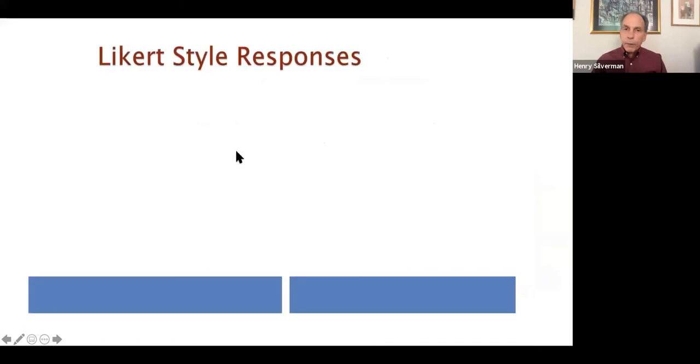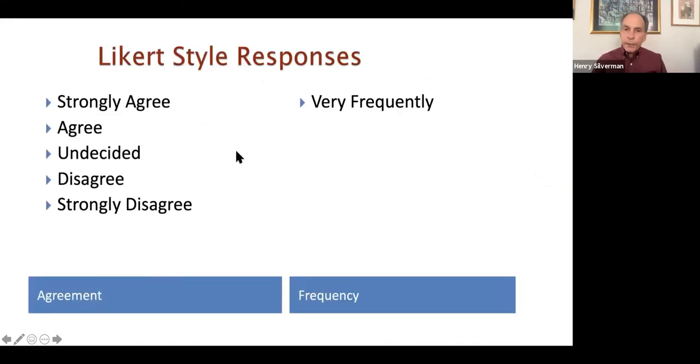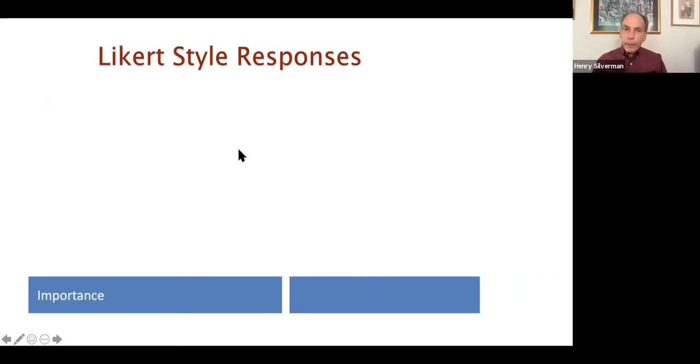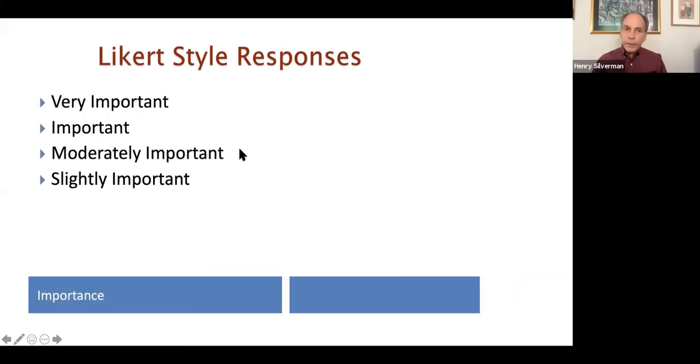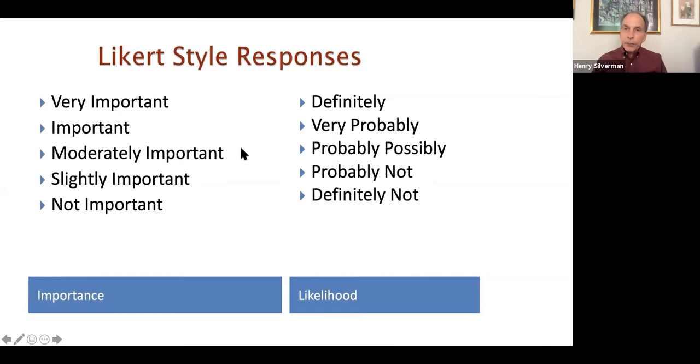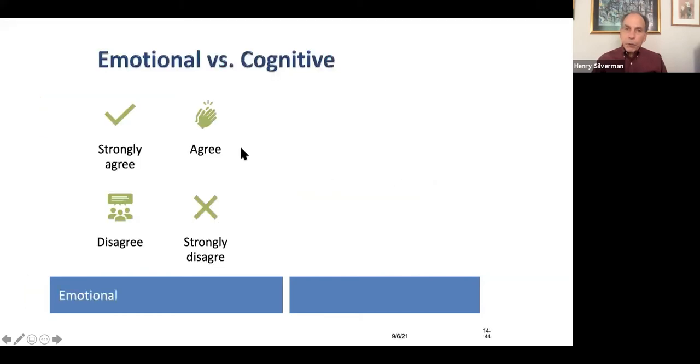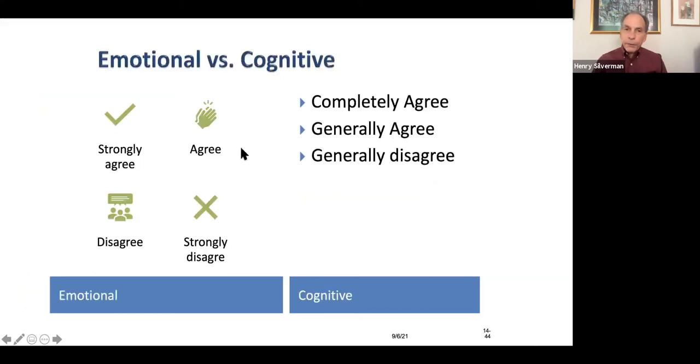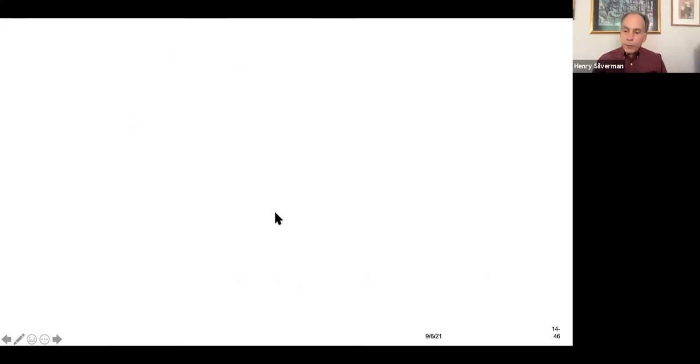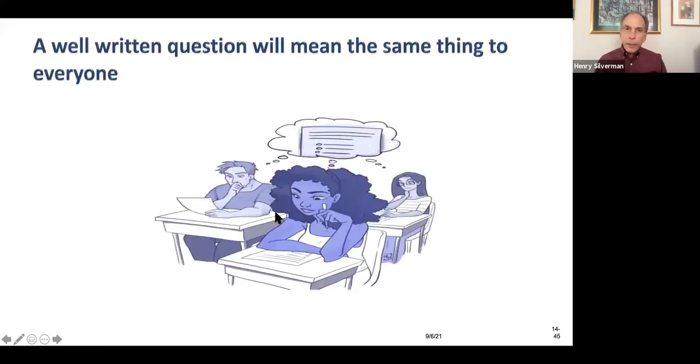So let me skip over that. So here we have agreement, frequency, I'm going to go fast, importance, likelihood, emotional, well, let me skip this slide. Essentially, a well-written question, this is very important, will mean the same thing to everyone.